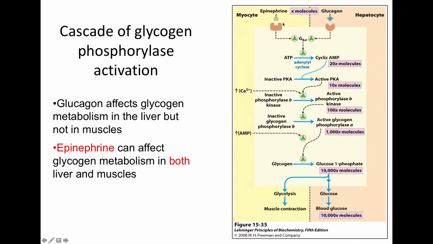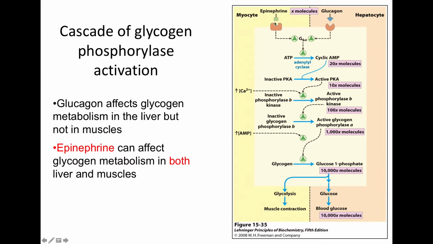This is a cartoon showing the cascade of glycogen phosphorylase activation. It is divided into two cell types. One is the myocyte, or muscle cells, and the other one is the hepatocyte.